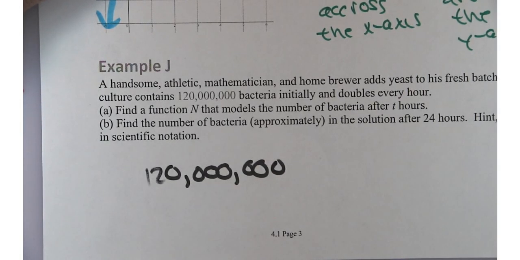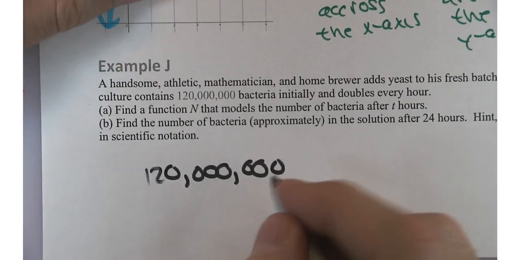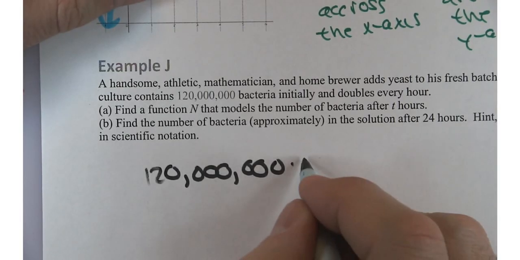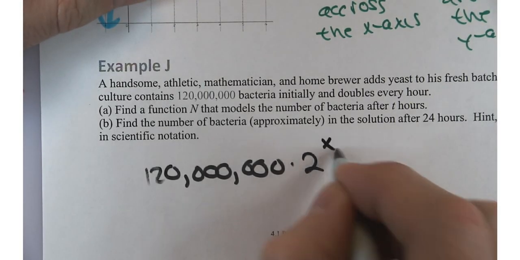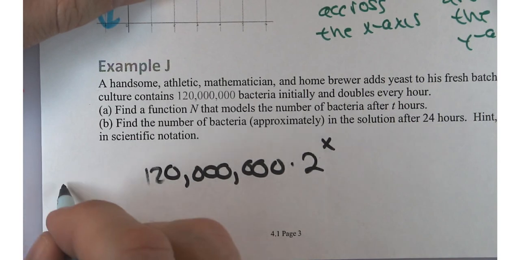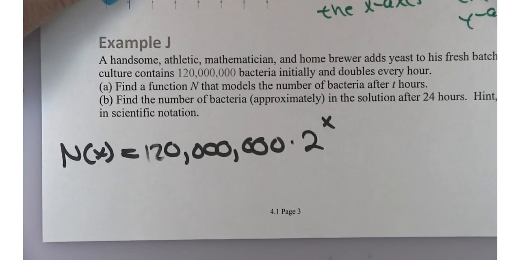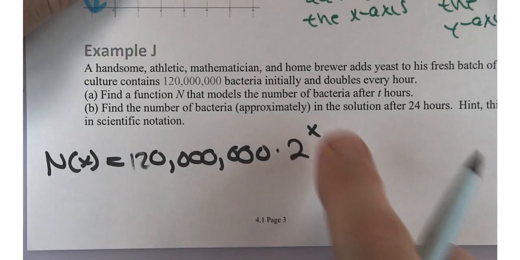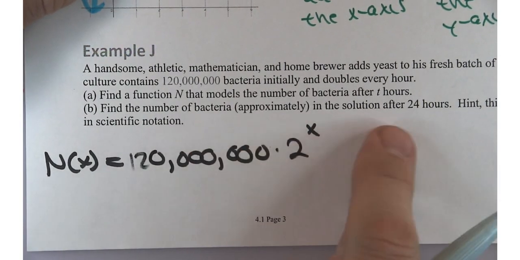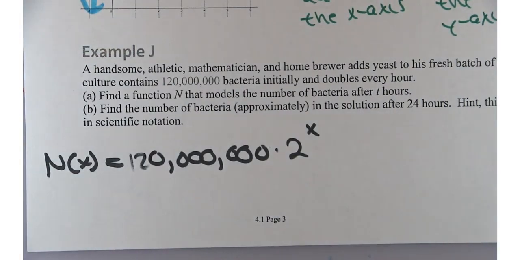And let's say it doubles every hour. So it's going to be times 2 to the x power. Maybe I should put a t here, but n of x. So wow. How many of these are there going to be after 24 hours, assuming that the growth is unlimited?